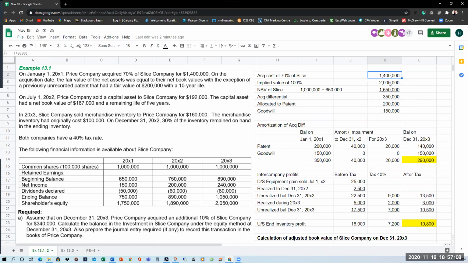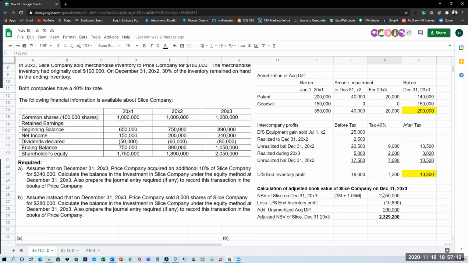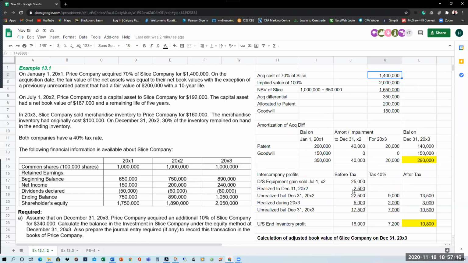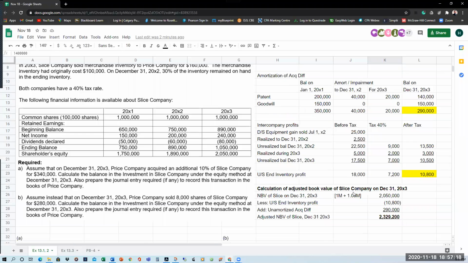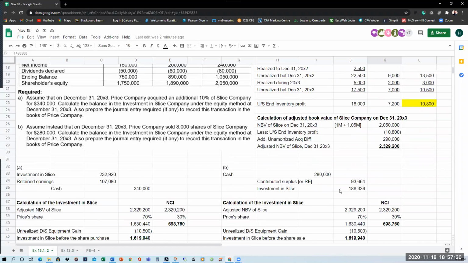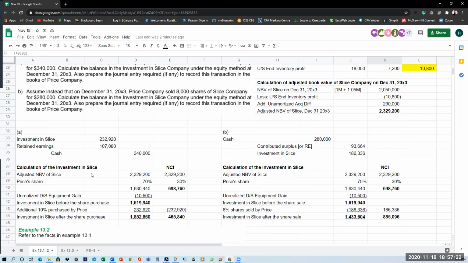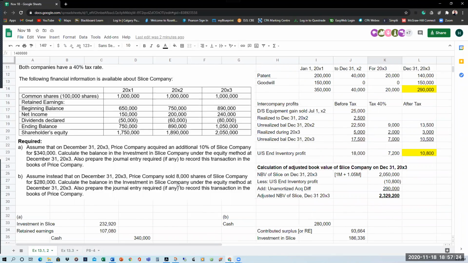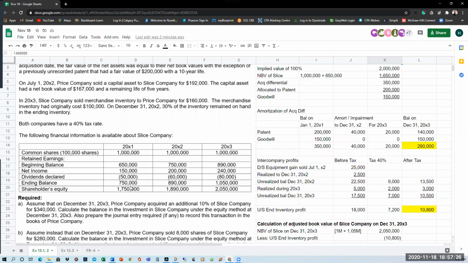So the original cost of the investment was 1.4 million, but when we're talking about December 31st, 2003, the investment is not worth 1.4. So that investment account has since then moved. For that, you'll have to keep track of what happened over the years.